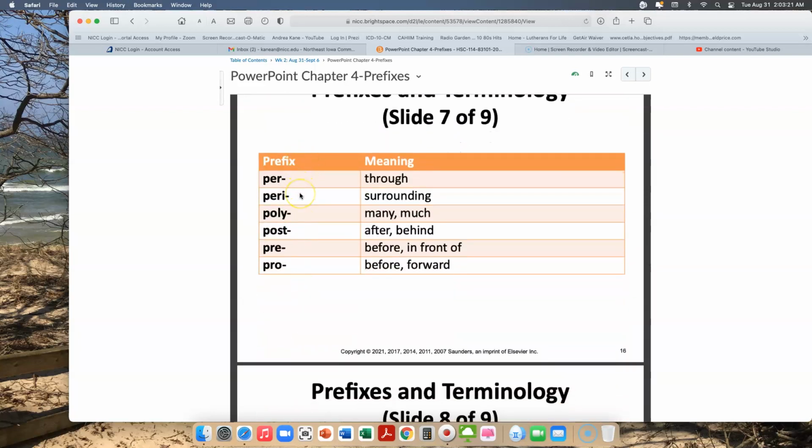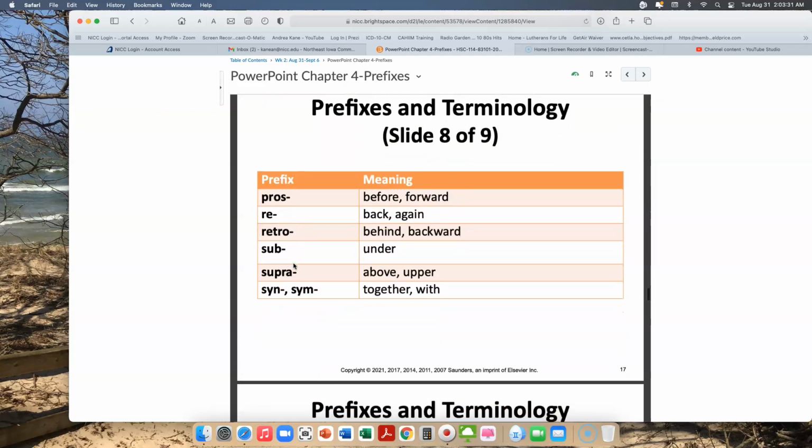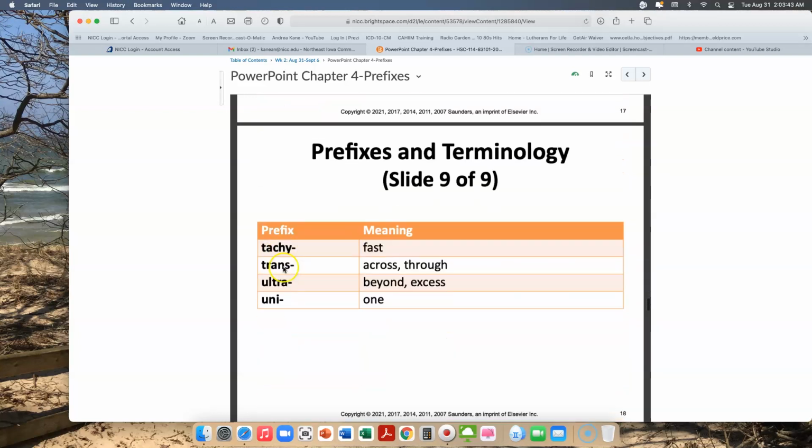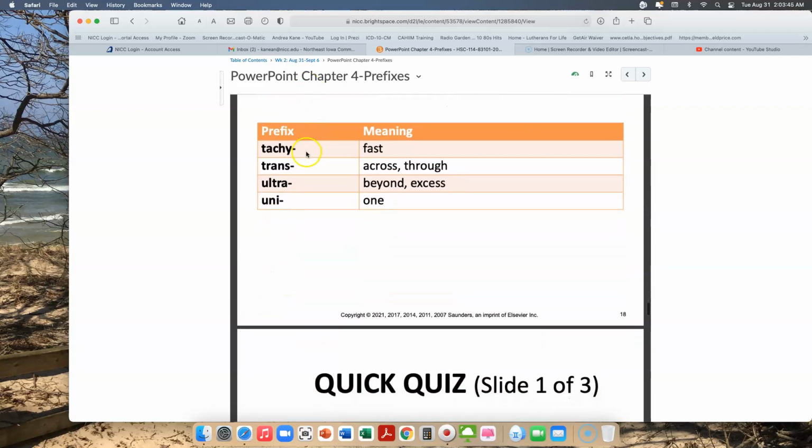Para and peri are a little bit different, so watch out for that. Poly, post, pre, pro, pros, re, retro, sub, supra, syn, and sym. Tachy, trans, ultra, uni.